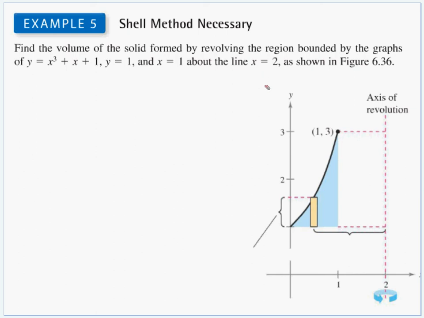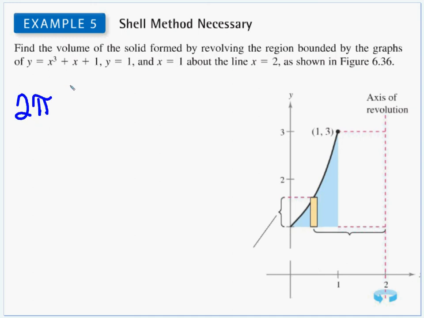Ooh, and notice here too, we are no longer rotating around the x-axis or the y-axis. So here we are rotating around something else, so our p of y or our p of x is not just going to be x or y in this case. So I'm just going to write out the blank formula here. And again, I'm looking back to my picture, and I'm seeing that I'm perpendicular to x, so I know everything's going to be in terms of x.